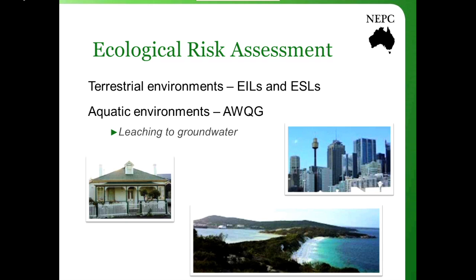They came out in 2000, so just after the original NEPM. And there's a lot of information in there on how to assess fresh water and marine water. These have been taken up into the NEPM as groundwater investigation levels for protection of groundwater-dependent ecosystems.